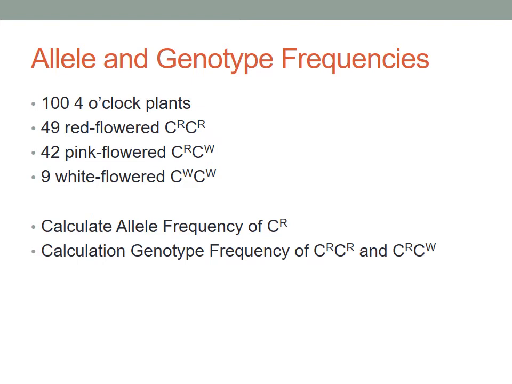If you remember, the allele frequency calculation is P plus Q equals 1. Hopefully you remember on the last slide that we got the allele frequency for CW. It was 0.3. So what do you think the allele frequency for CR is?